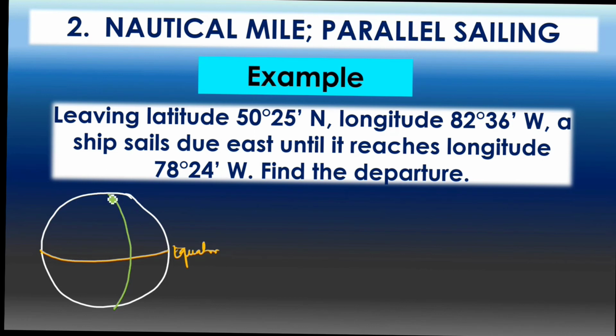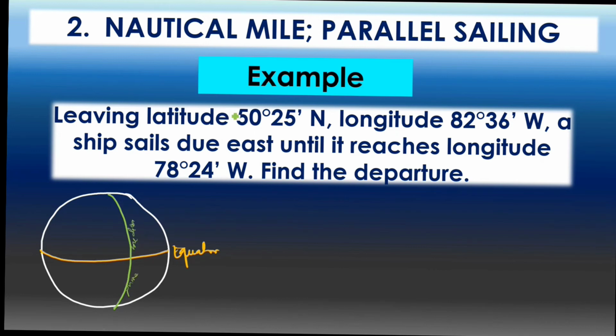Why is the prime meridian somewhere on the right side? We're going to put the longitudes here on the west, so that is the reason why we put the prime meridian on the right. So this is the prime meridian.